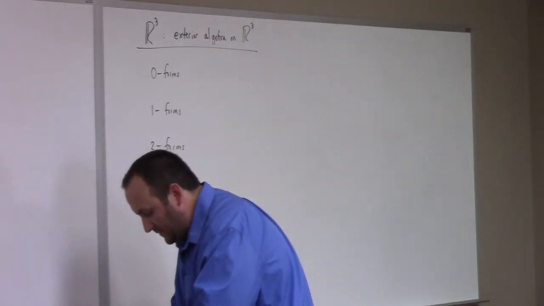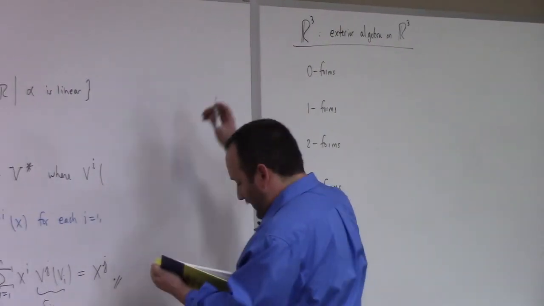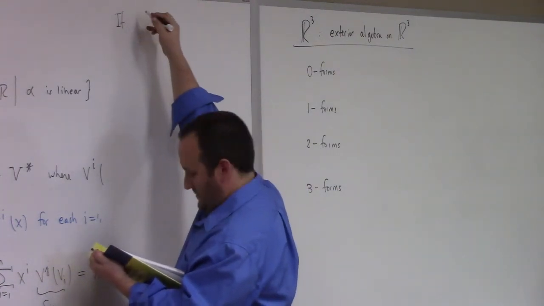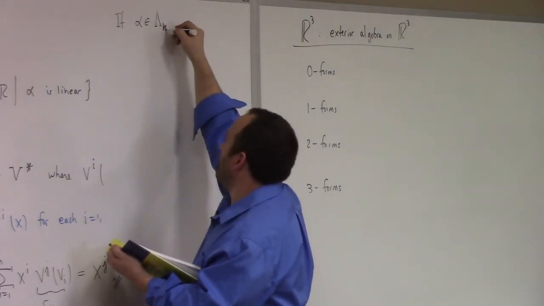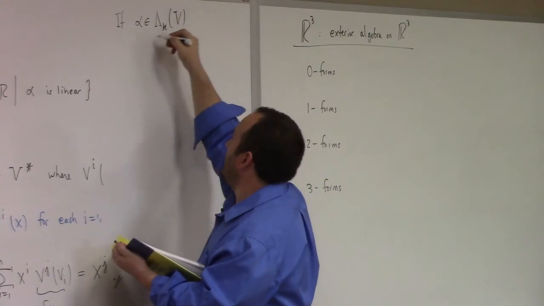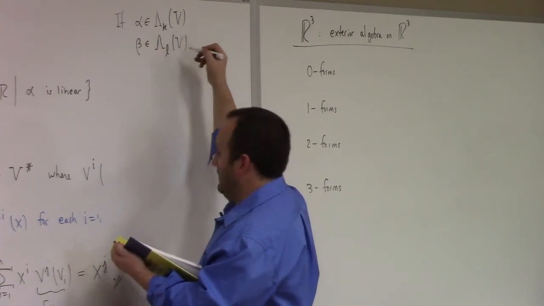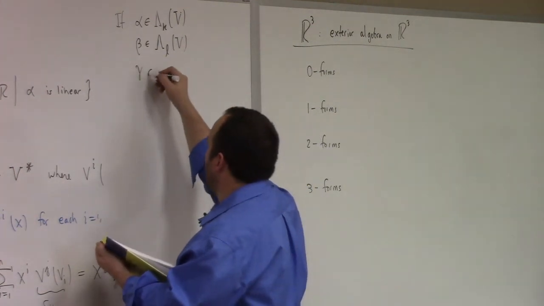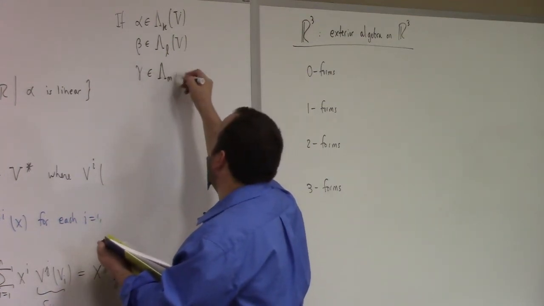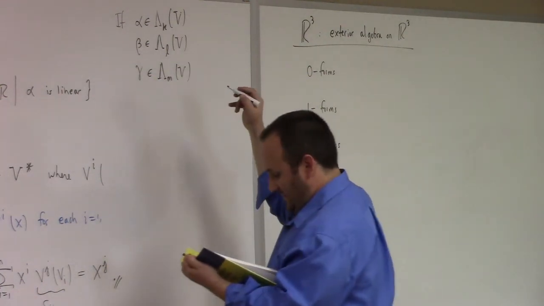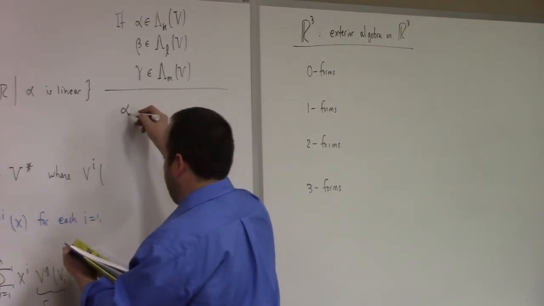But this is the ultimate outcome of those things we construct in chapter 4 to start, and that's this: if we have alpha, which is a K-form over V, and beta, which he uses L form over V, and gamma is an M form over V, then you can do this wedge product with them.